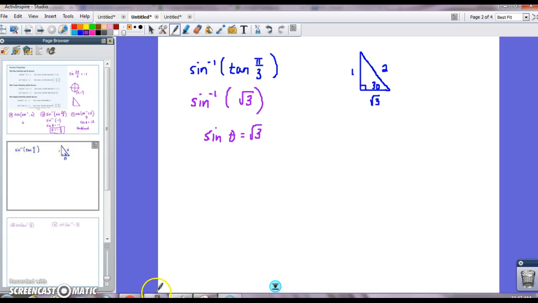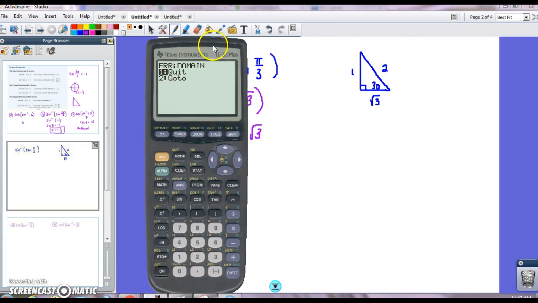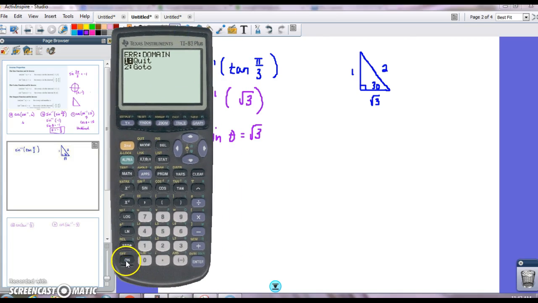And I can do that in my calculator very easily. I can just go to sine. Whoops, let me quit out of there. And if I just go ahead and I do the second sine of root 3, and hopefully you already kind of have an idea of what's going to happen here, because hopefully you recognize that root 3 is actually greater than 1.